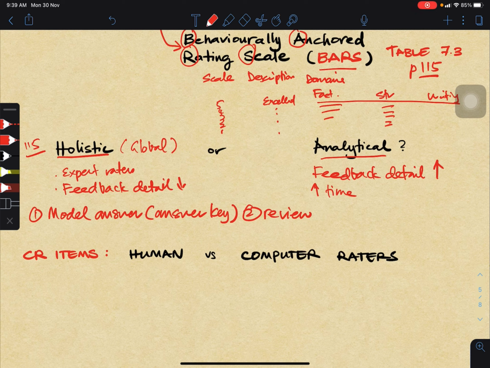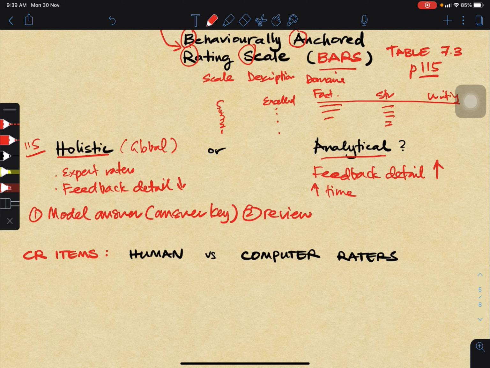So you look at the completeness, the objectivity, the standardization, the length of the rating scale, the description of each point, how well is the description for each point, and things like that.